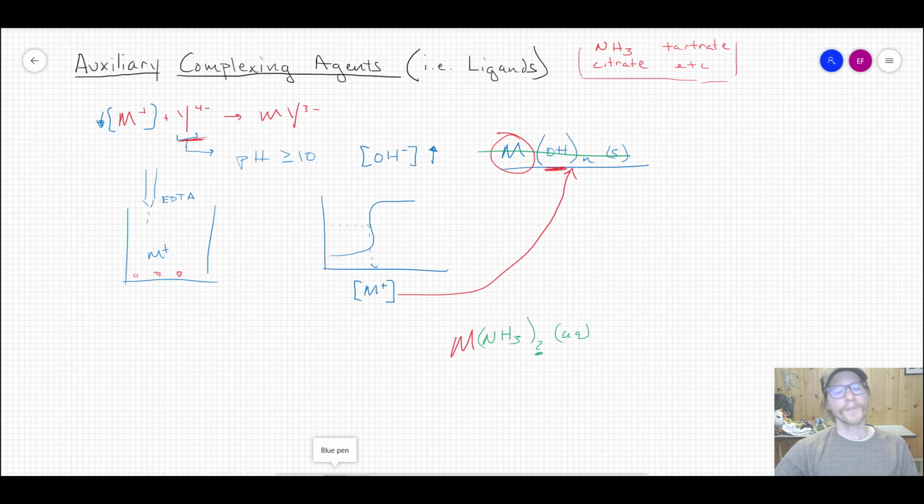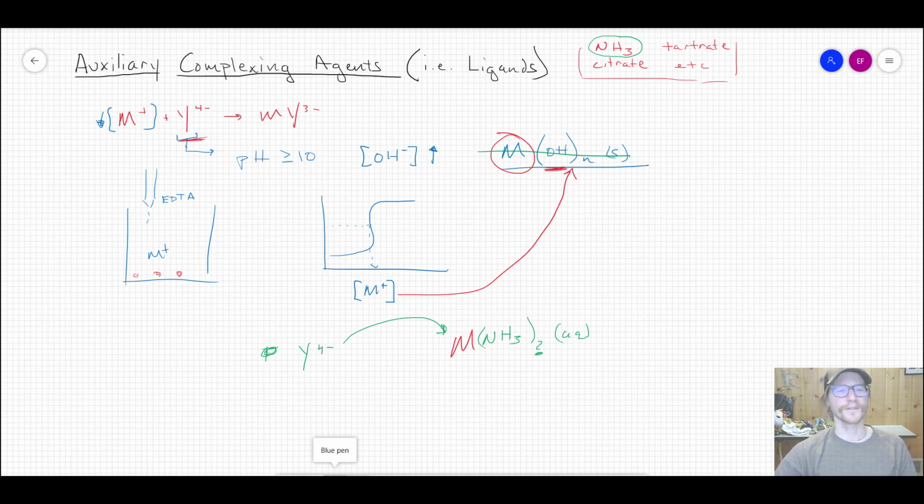And the EDTA can still swoop in here, and by EDTA I mean the Y4 minus, because that's what we're considering the equilibrium for, and still grab onto that metal ion. And so your choice of auxiliary complexing agents is really the same as what we started with at the beginning of this chapter. You've got all of those different complexing agents. Ammonia is a really good one because ammonia has a stronger binding affinity to metals than hydroxides do, which is useful in aqueous solutions.